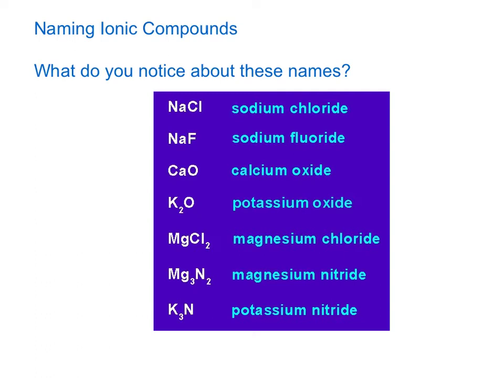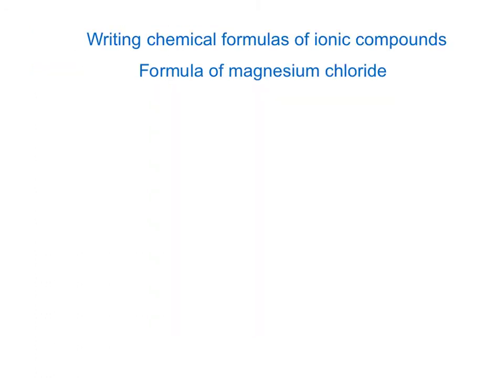Now we're going to look at how to write chemical formulas. When you're writing the formula for an ionic compound, there is a series of steps that you should go through. So I'm going to show you how to write the formula for magnesium chloride. So this is an ionic compound. I know that it's ionic because I have a metal with a nonmetal. So the first step is to write the symbols for the two parts of the compound.